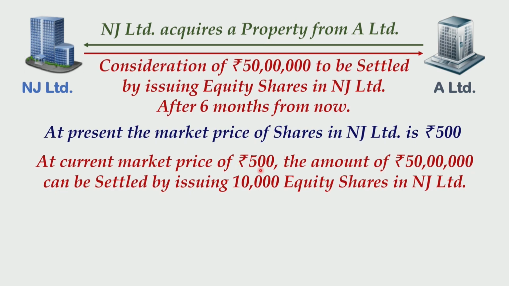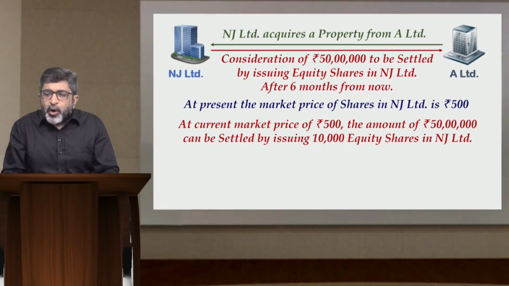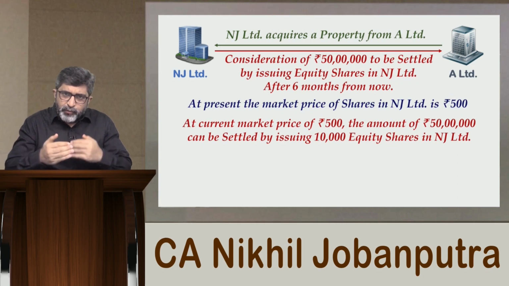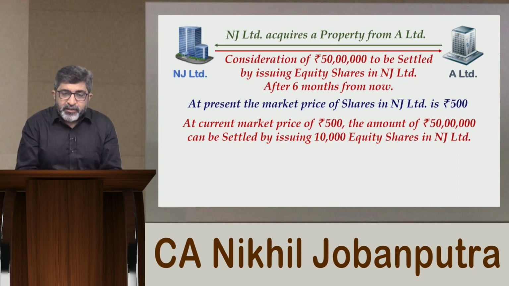So, how many shares will you issue for this settlement? It will be 50 lakhs divided by 500, and that would give you 10,000 equity shares in NJ Limited. So, this is the next point of proposition between the two companies, that you take 10,000 equity shares.